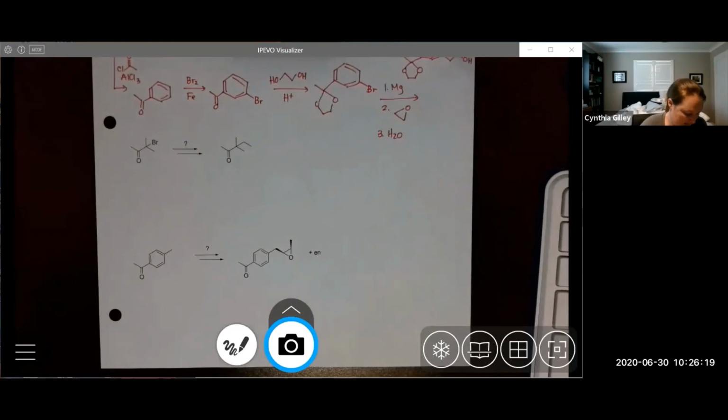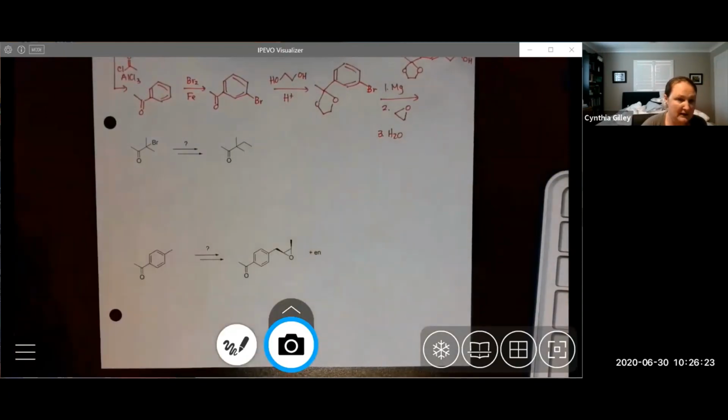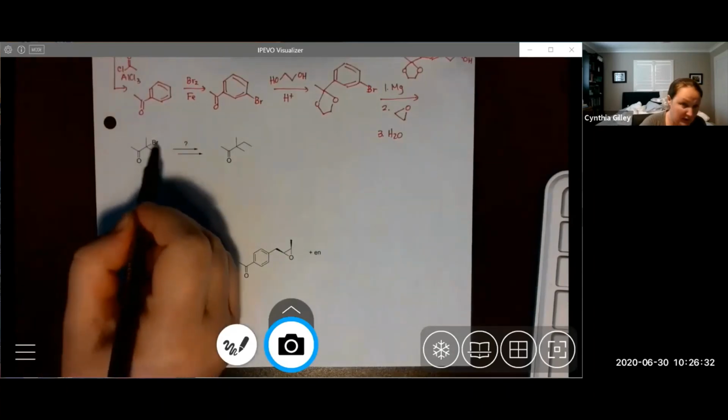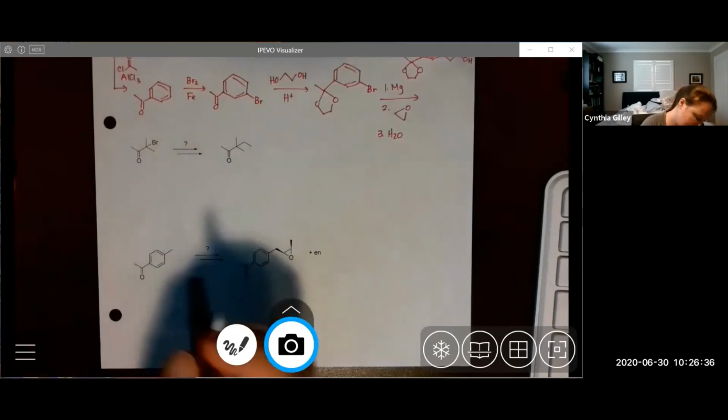So we need to make this new carbon-carbon bond, right? So we've been utilizing Grignard reagents. We do the same thing here. But again, if we're going to utilize a Grignard reagent to make this new carbon-carbon bond, we need to protect the ketone.